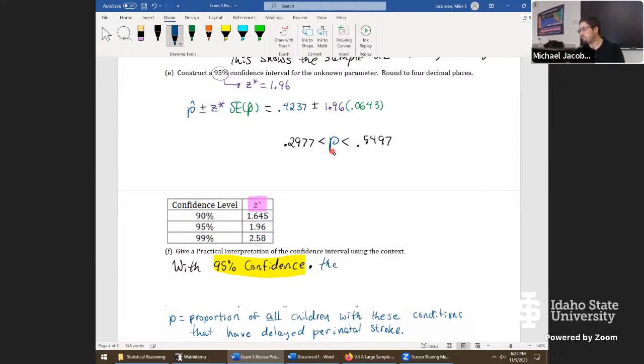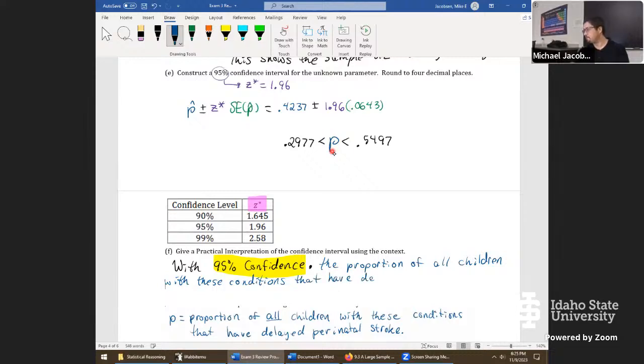The proportion of all children with these conditions that have delayed perinatal stroke finally we say is between 0.2977, if you'd like it as a proportion, or you could say 29.77%.